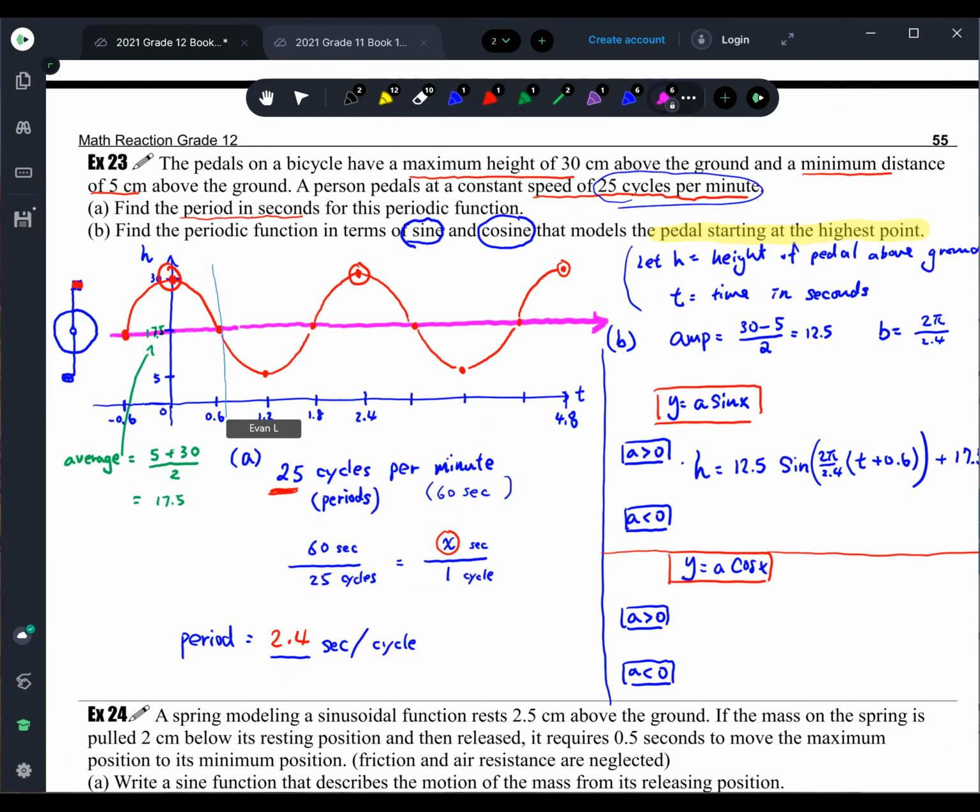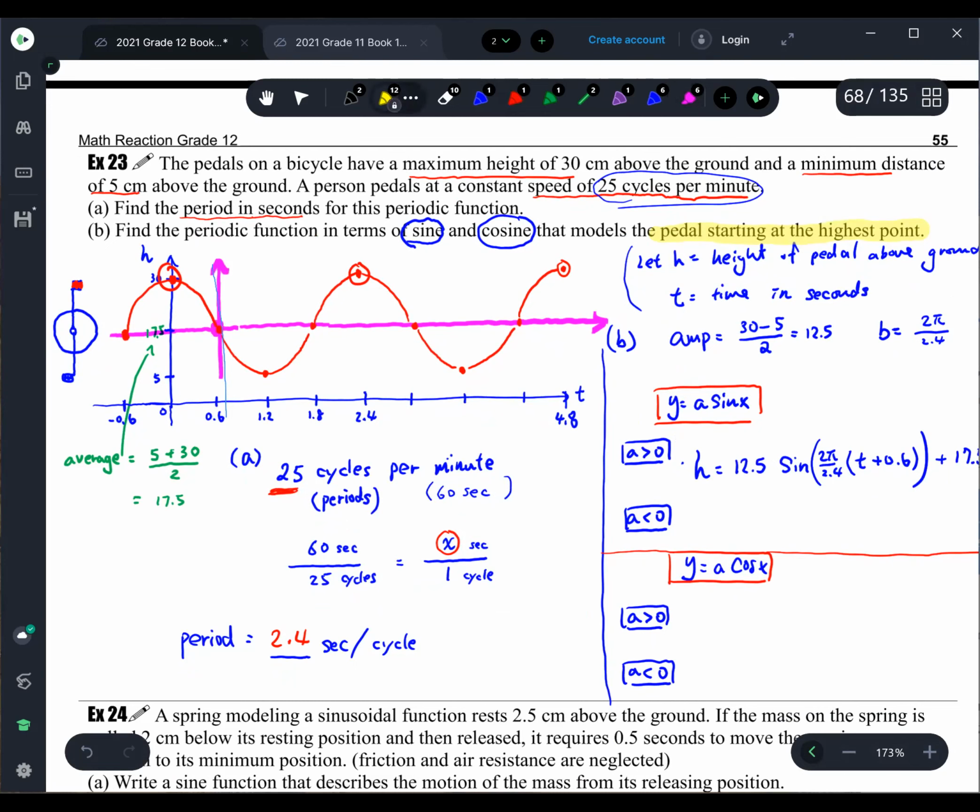Very good, good job. So sine with a reflection, you will put it here. We'll start from there, go down, go up, go down. So it's a sine graph, but it has a reflection.